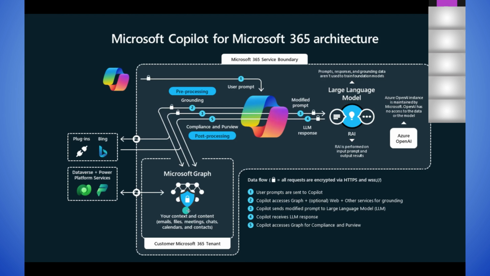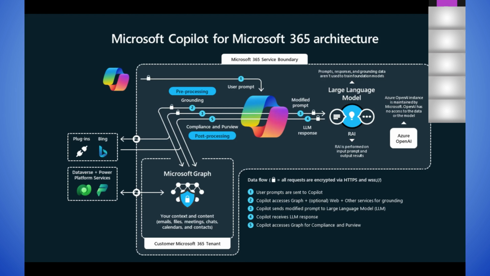And once it takes that information, it sends it to the large language model for a generative answer. Once the LLM, in short, processes that, it sends it back to Microsoft Graph again for post-processing. Post-processing means that it needs to make sure that the information it created refers to Rafsan's information and files. If Rafsan doesn't have access to specific files, for example, we work in the same organization, and if I don't have access to Mark's files, it's not going to generate that information.